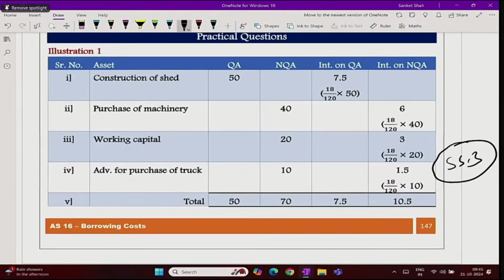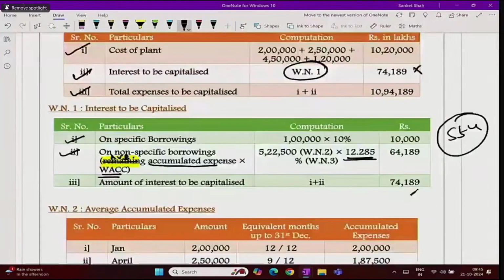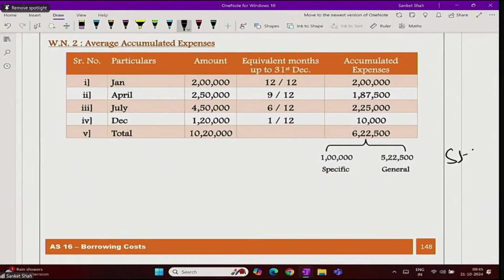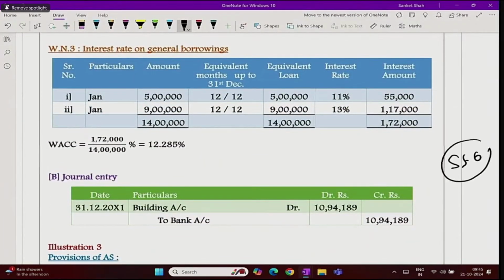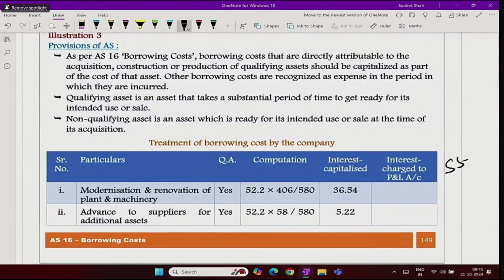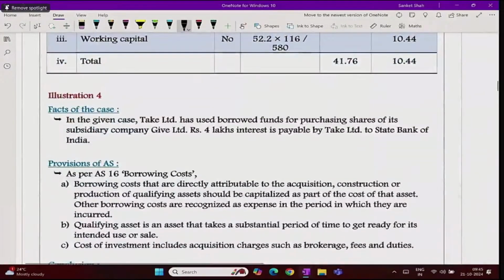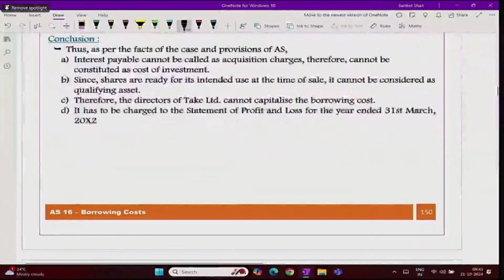Screenshot 3. Done, sir. 4. Done, sir. 5. Done, sir. 6. Done, sir. 7. Done, sir. 8. Done, sir. 9.